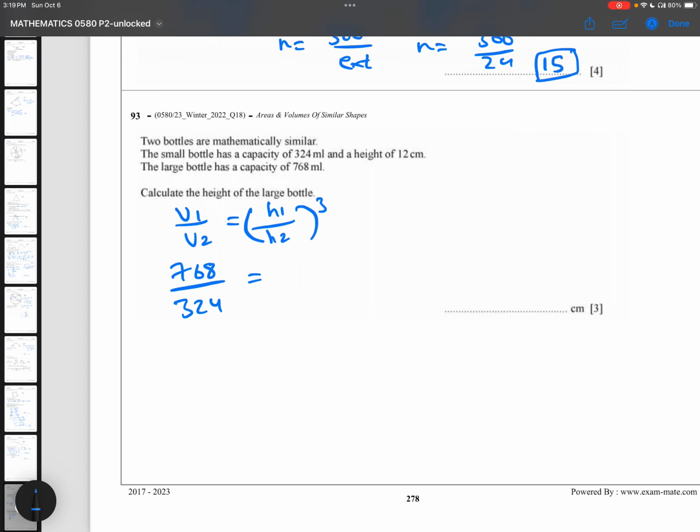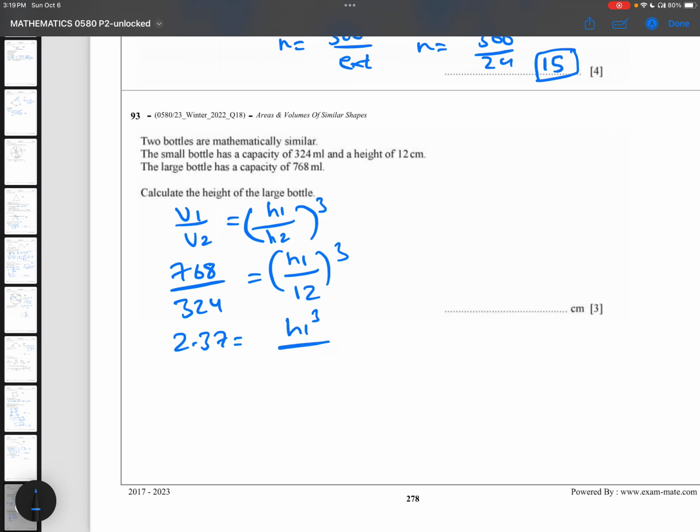This is equal to, so now H1 will be the height of the larger bottle that we need to calculate, and H2 will be the height of the smaller bottle, that is 12. Now let's divide 768 by 324 and I get 2.37.